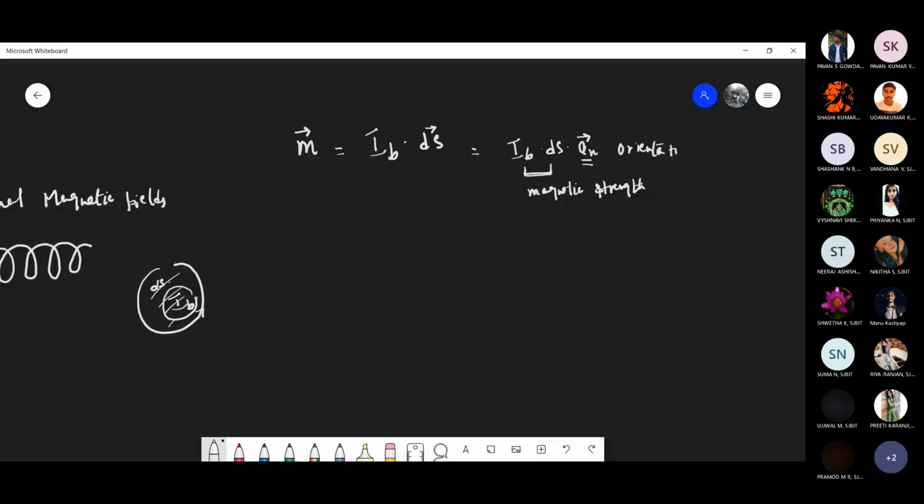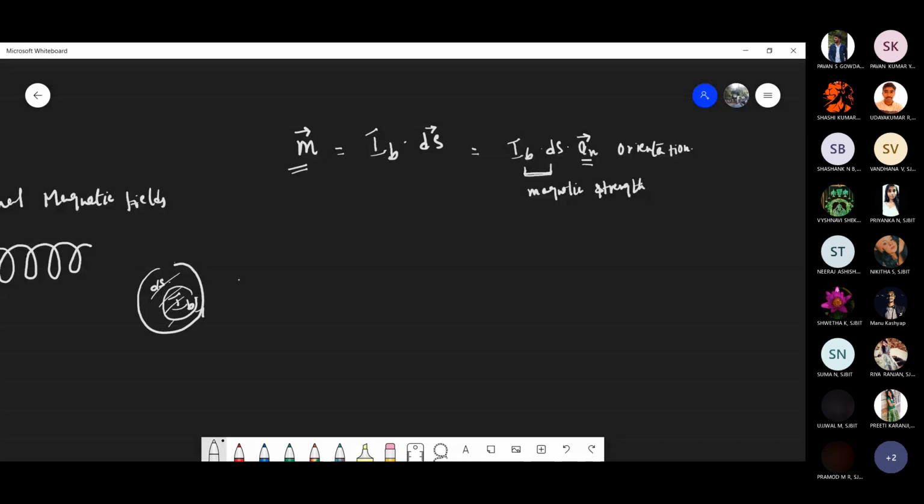It is a unit vector. So it is the magnetic strength I_B dS, or I_B dL or I_B dV if it is a volume, or if it is a line conductor. This is called magnetic moment.